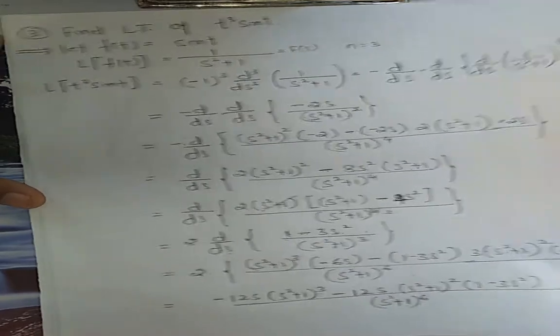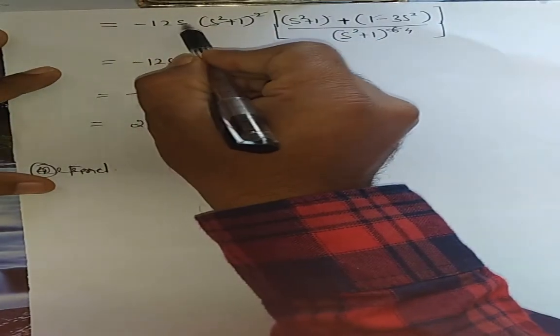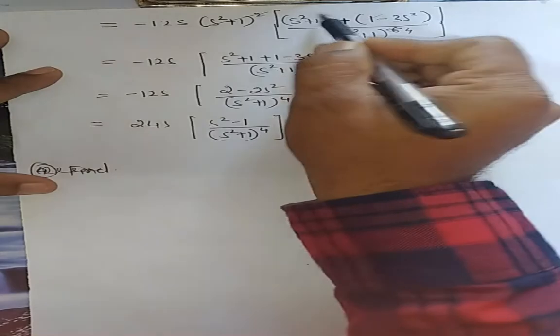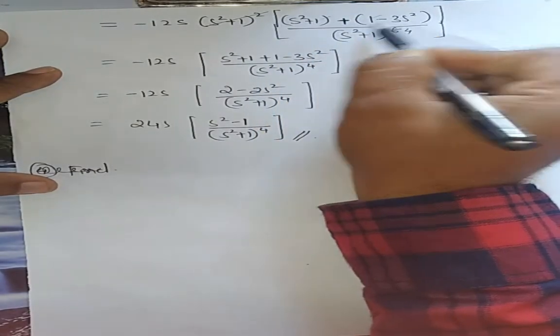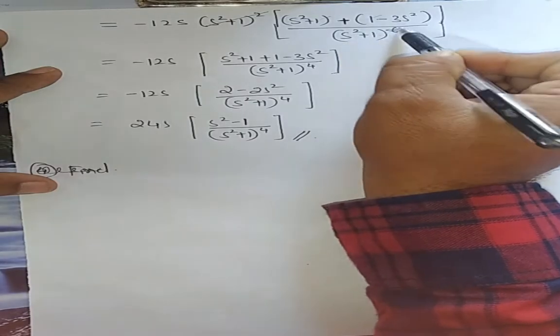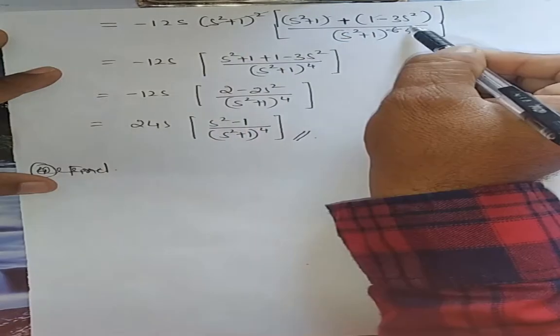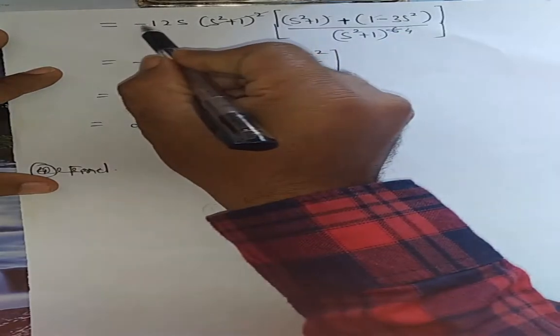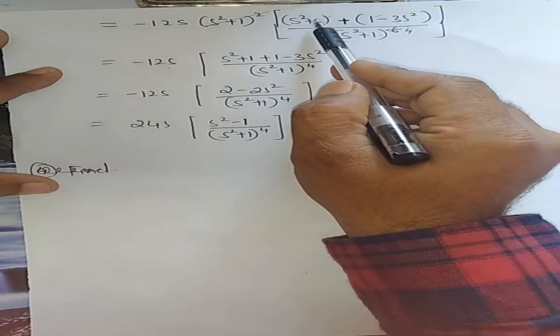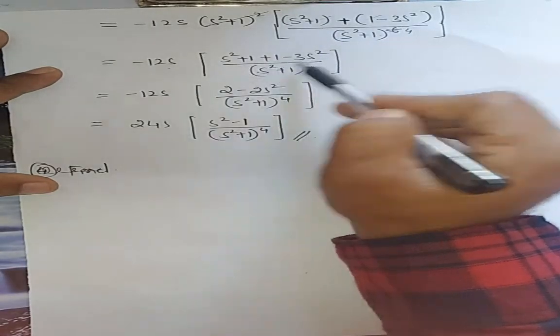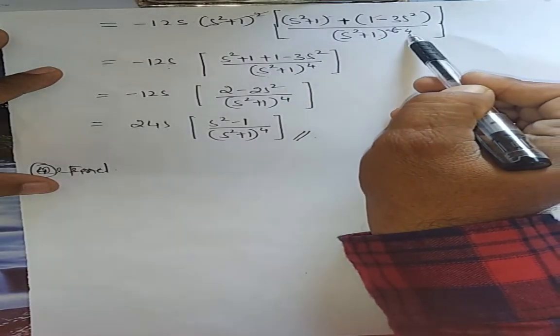So therefore the common is minus 12s (s square plus 1) whole square, bracket, remaining parts are s square plus 1 minus 3s square, divided by (s square plus 1) raised to 6. These two terms get cancelled, so the remaining terms are minus 12s as it is, then the remaining term this one and this one as it is, divided by this raised to 4.